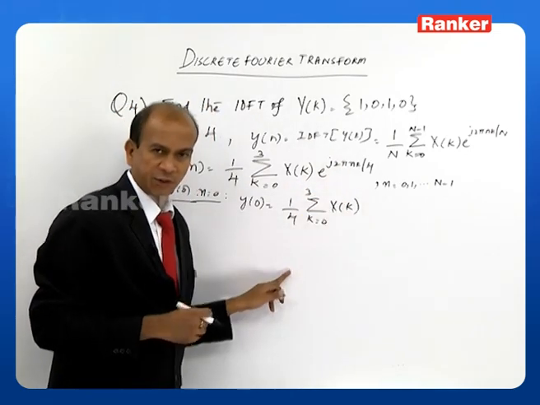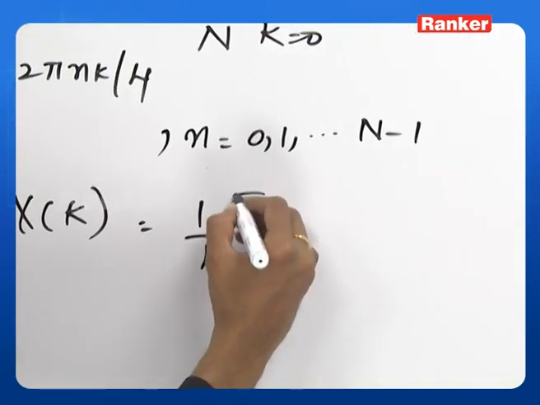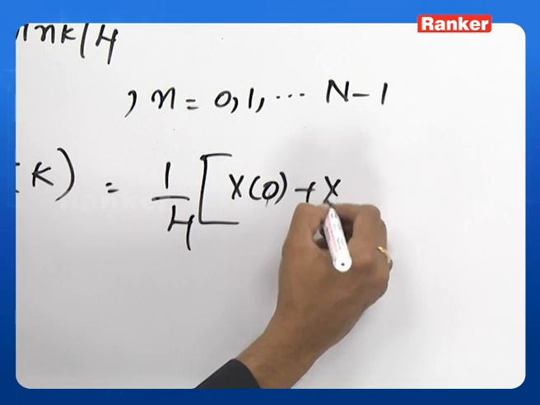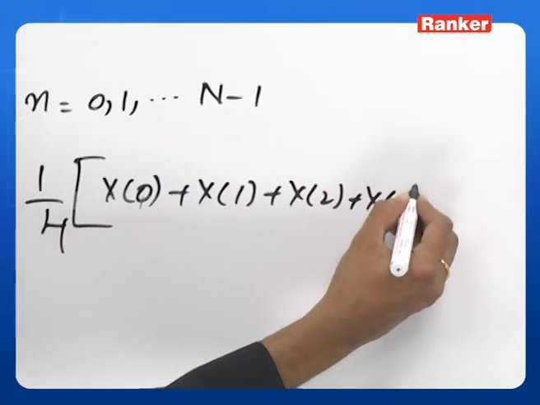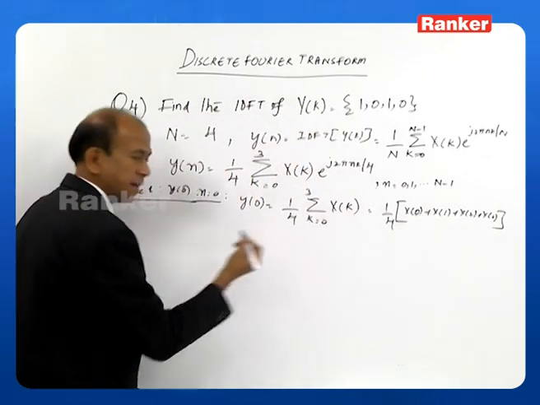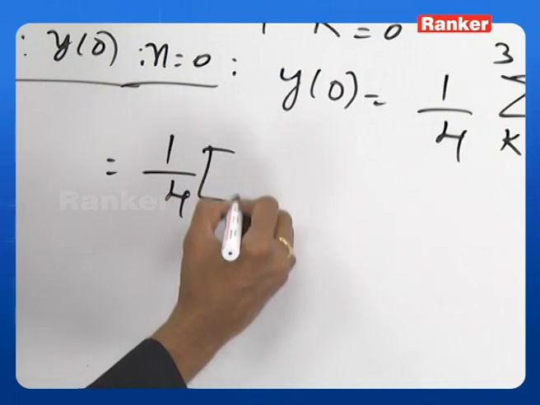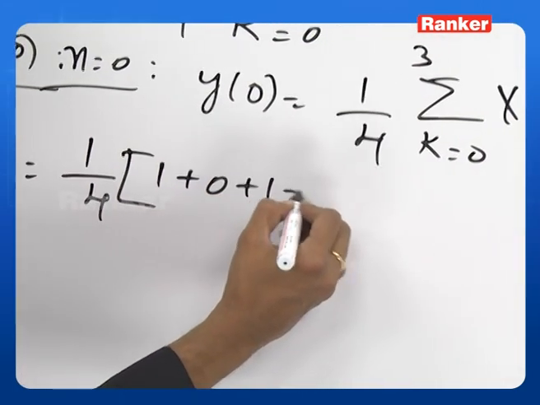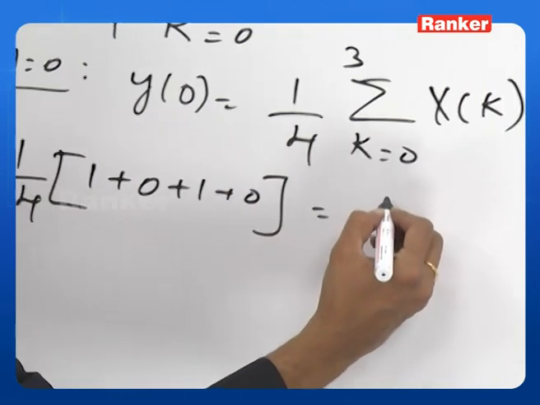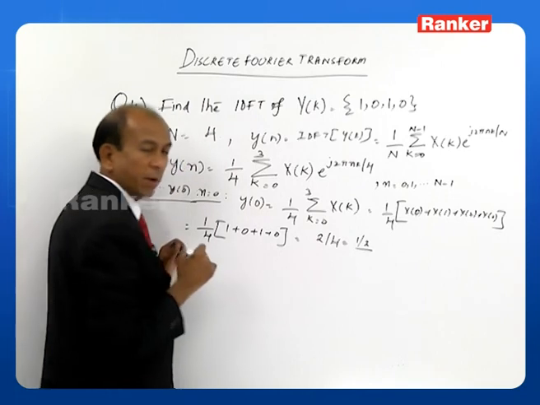So this will be just x of k. Let us write down this. So I can write this as 1 by 4. Let us start with x of 0 plus x of 1 plus x of 2 plus x of 3. So how much is that? So all this is equal to 1 by 4 of x of 0, if you look at, is 1, next is 0, next one is 1 and next one is 0. So this is equal to 2 by 4, that is equal to 1 by 2.